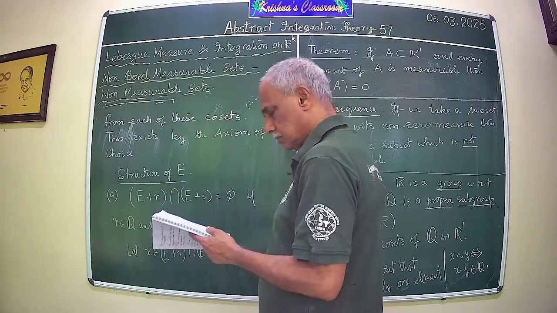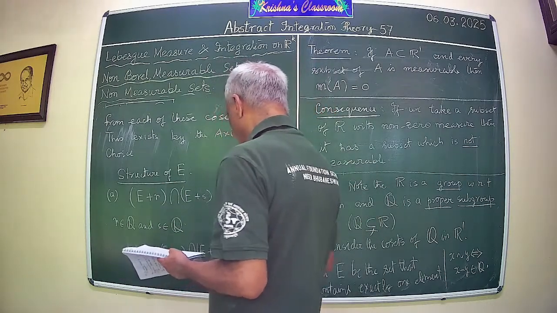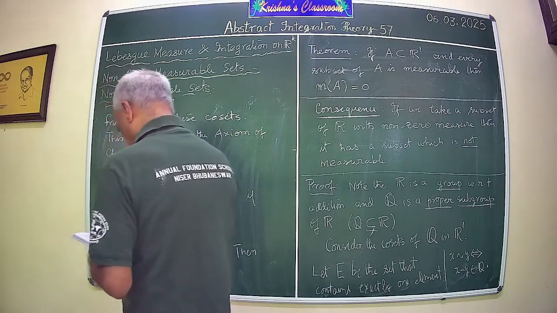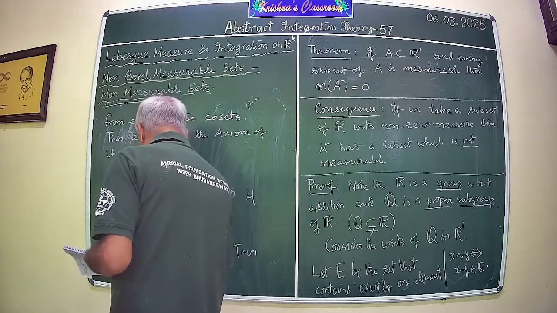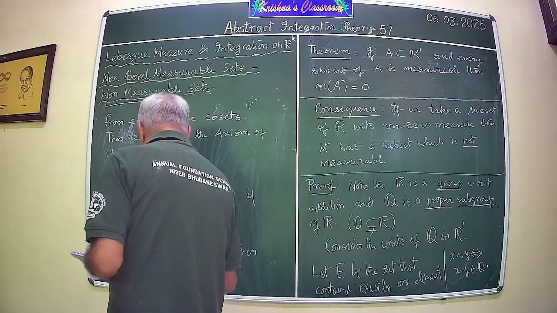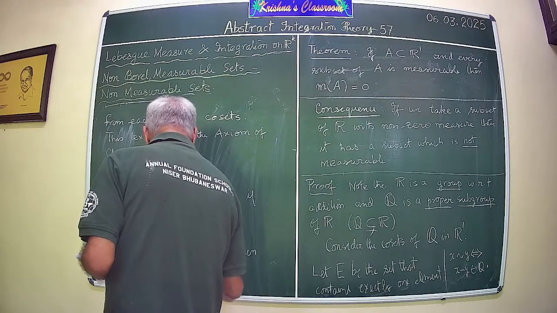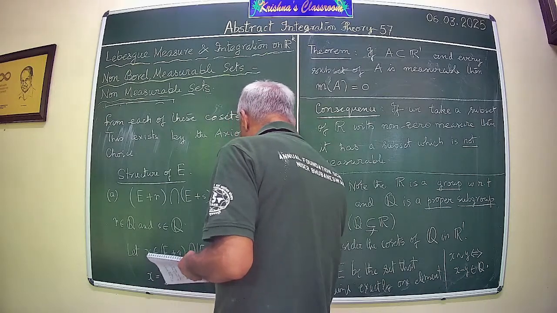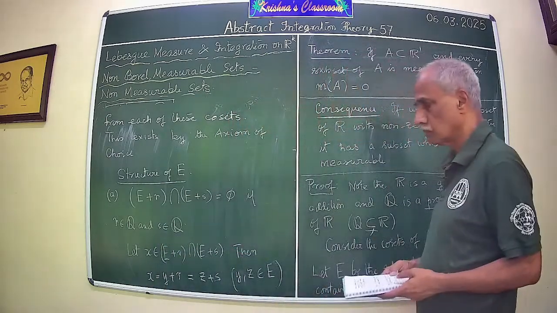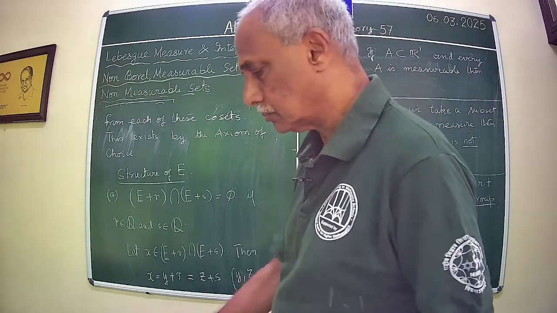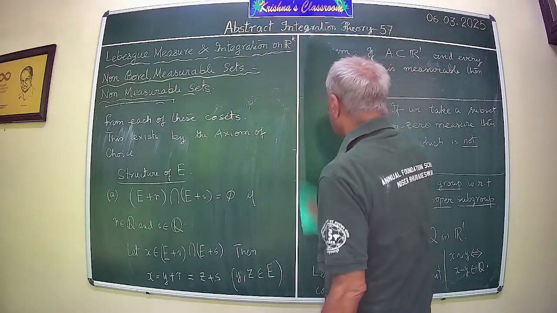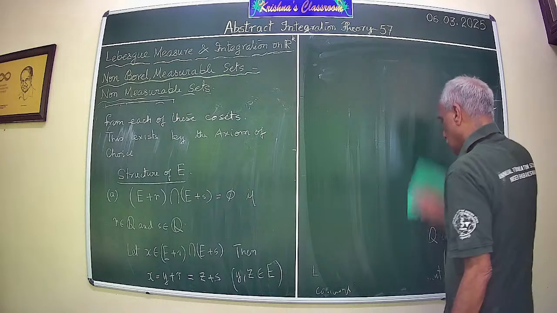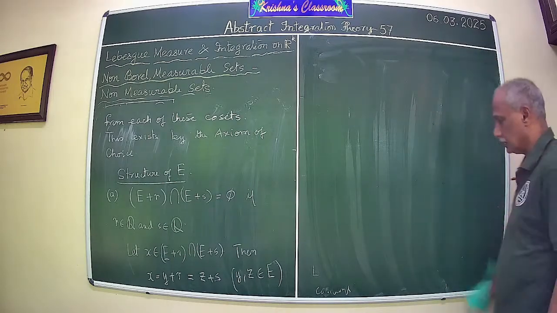Therefore what do you get? x is equal to y plus r, which is also equal to z plus s, where y and z belong to E. Now let us work out this.